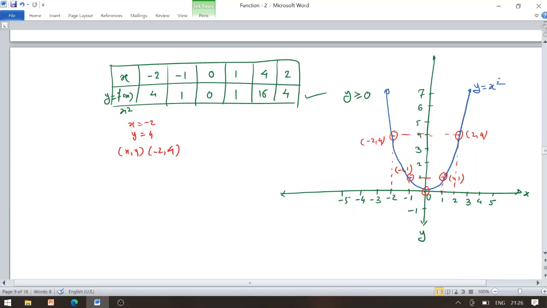Next to it we have some basic functions like constant function, its domain and range, identity function, its domain and range, one-one function, onto function, into function, many-one function, and the even function. We have a few more types of functions we will discuss during the next lecture. Thank you.